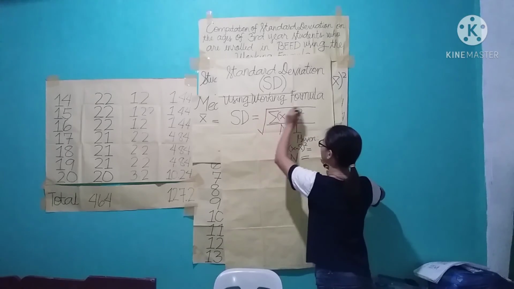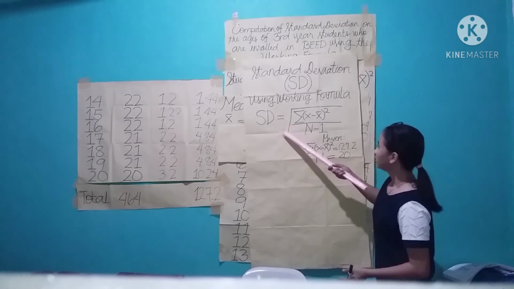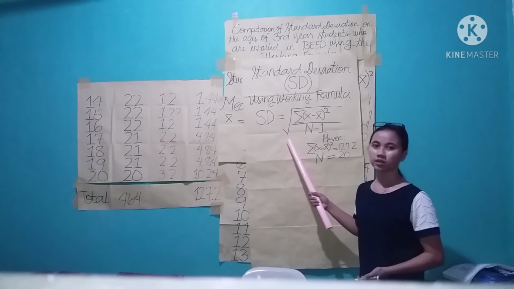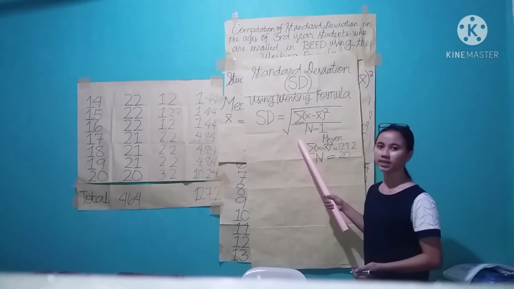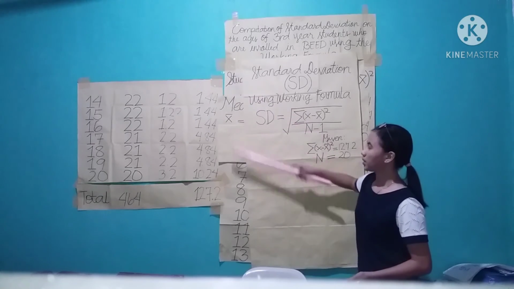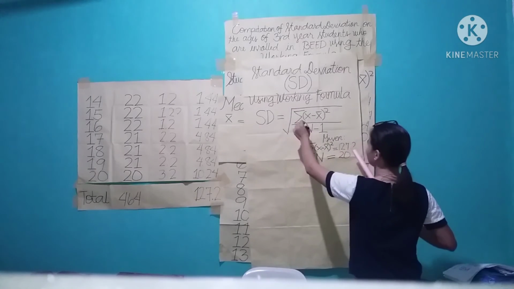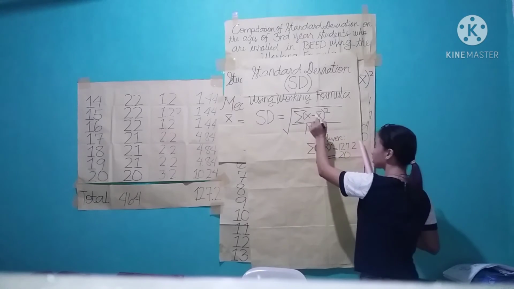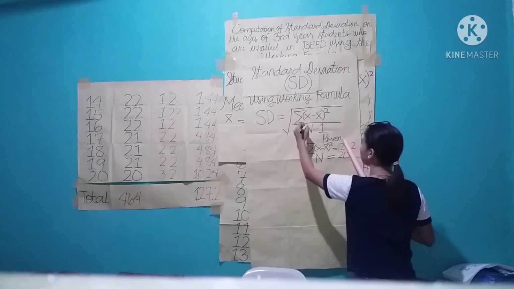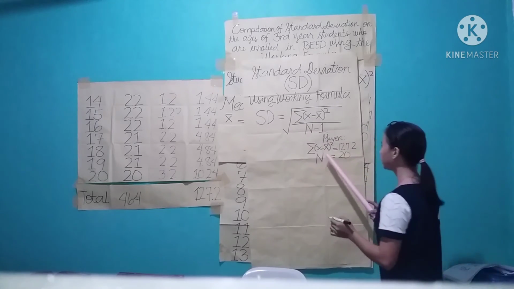The formula is the square root of the summation of the arithmetic mean minus scores squared, divided by the number of cases or the population minus 1.